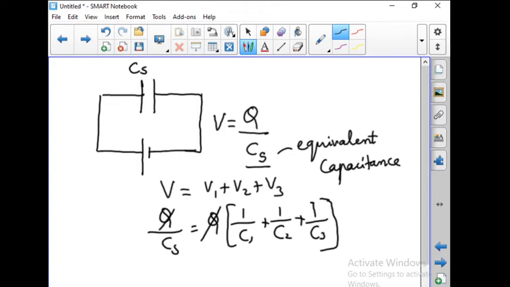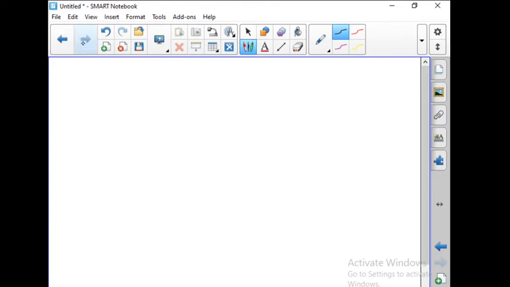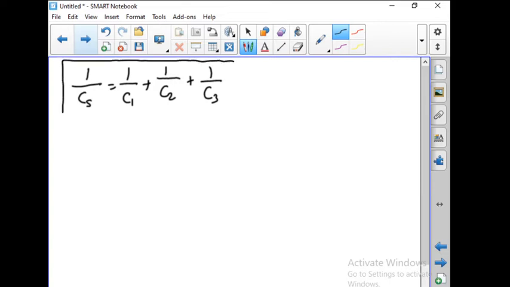So Q and Q get cancelled, and we get 1 by Cs is equal to 1 by C1 plus 1 by C2 plus 1 by C3. This equation will give you the equivalent capacitance of the capacitors that are connected in series.